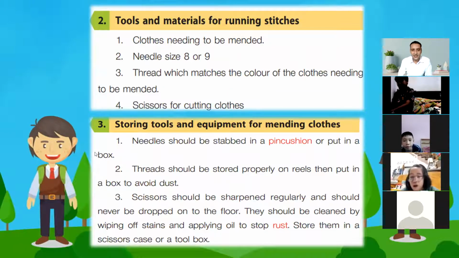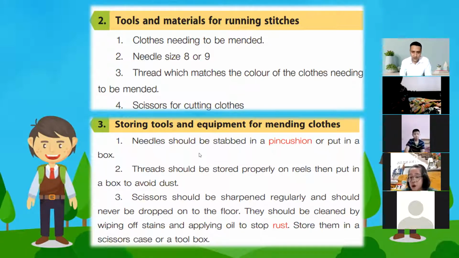Now number 3, storing tools and equipment for mending clothes. How can we store the tools and equipment for mending clothes? Number 1, needles. Needles should be stabbed in a pincushion or put in a box.